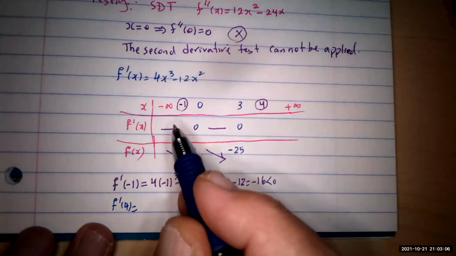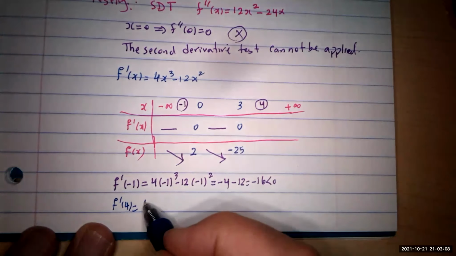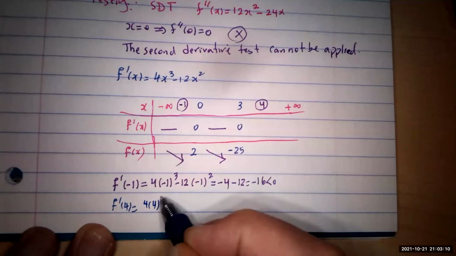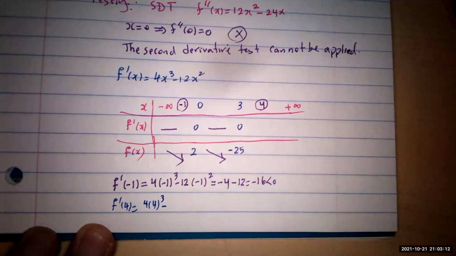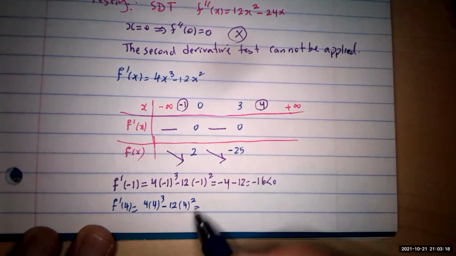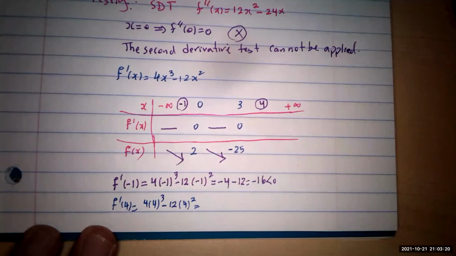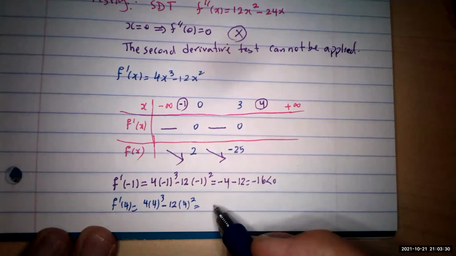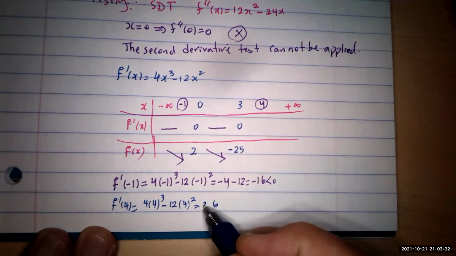F prime of 4 gives 4 times 4 cubed minus 12 times 4 squared. 4 cubed is 4 times 4, 16, and 16 times 4 is 64. So it's 4 times 64, which is 256.